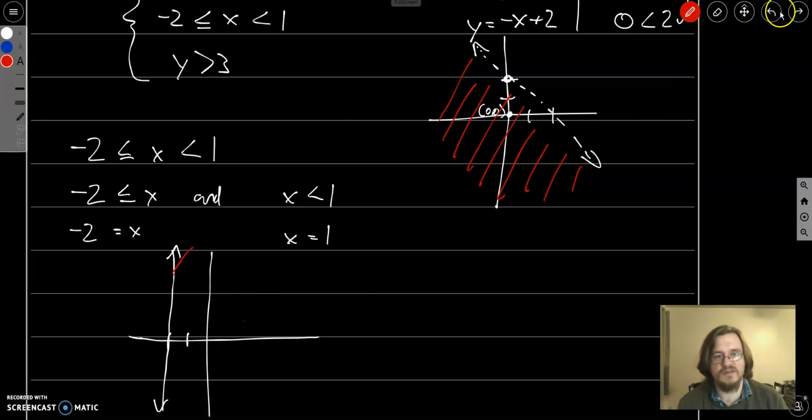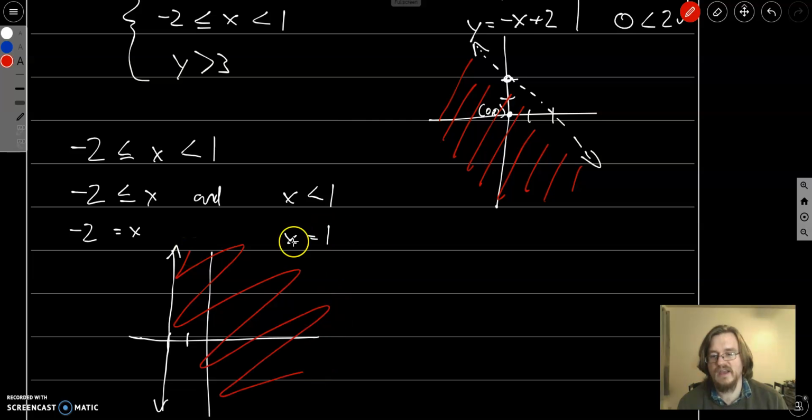Now at the same time, we also have x is equal to 1, and this is strictly less than 1, so this is going to be a dotted line here. If x is less than 1, we are looking at all of the x's to the left of 1.